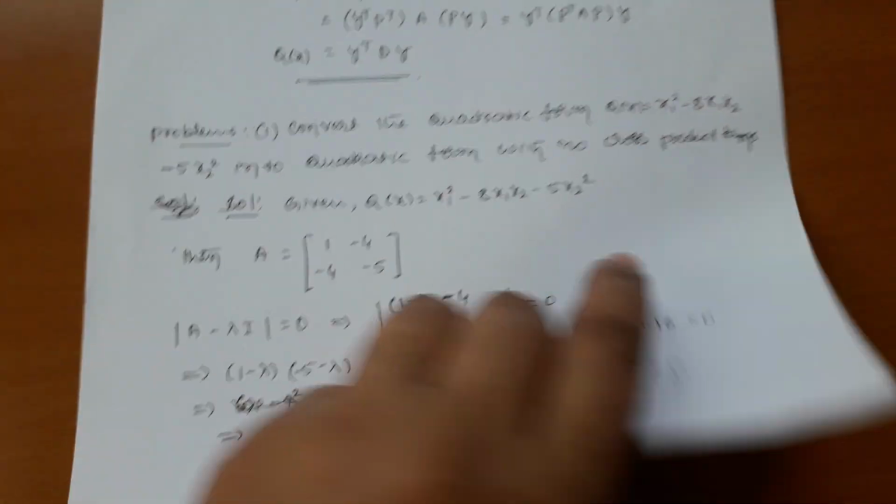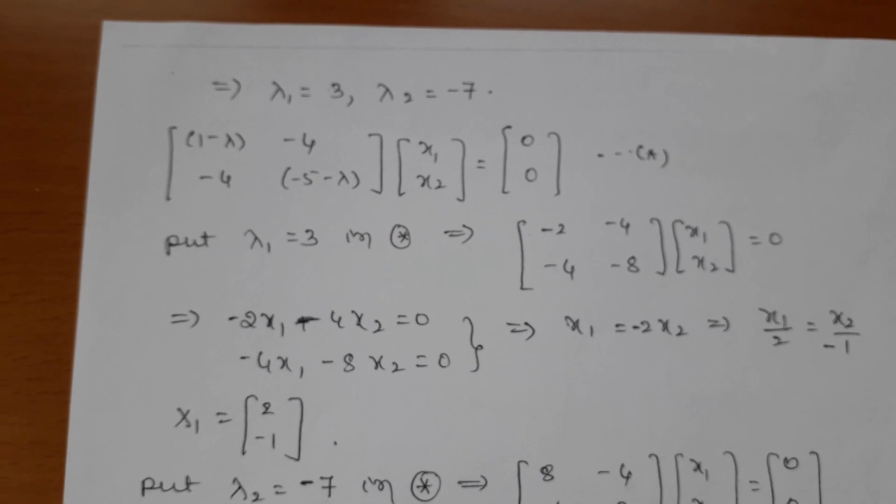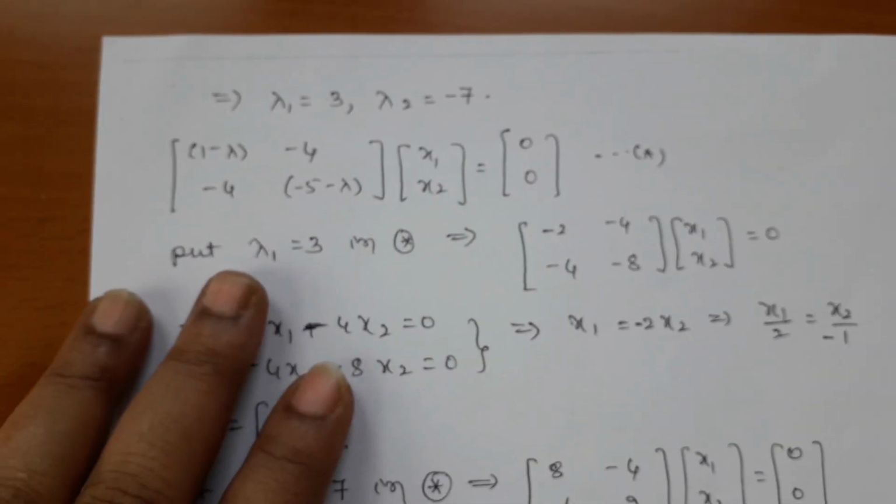Here the 2 roots are minus 7 and 3. Because here we get lambda plus 7 into lambda minus 3. Therefore the 2 eigenvalues are 3 and minus 7.